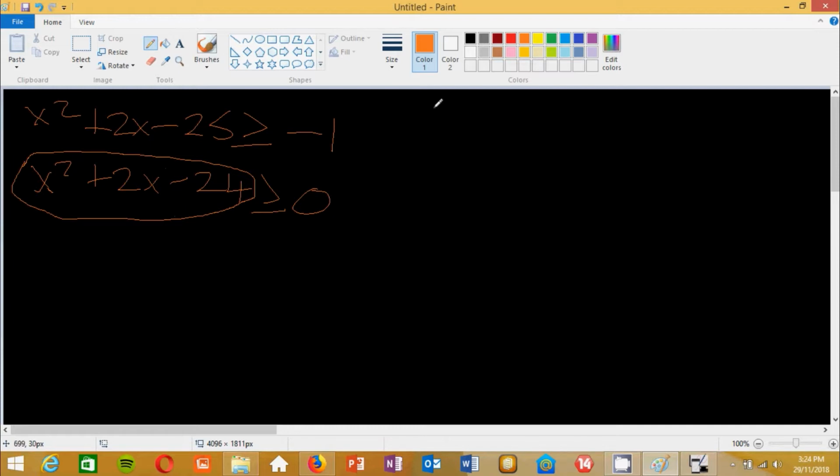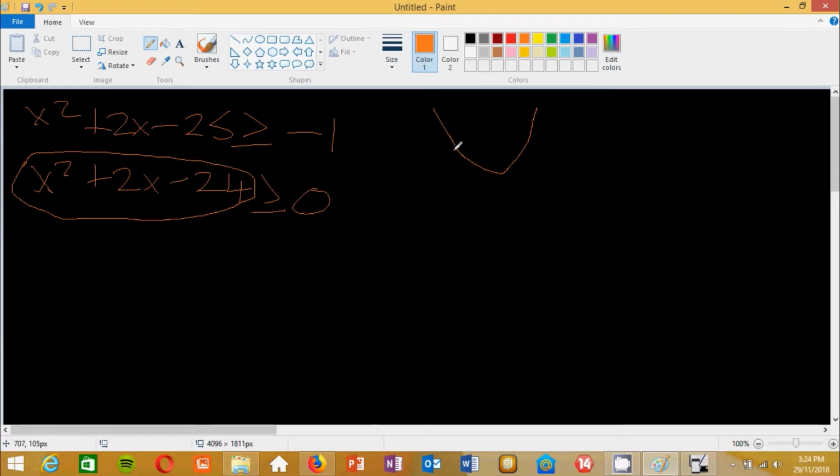So if our parabola is like this, then this expression gives us the y-coordinate of every single point on this parabola. So what this inequality is really saying is, what are the values of x such that, if I go to my parabola, my y-coordinates will be greater than or equal to 0?